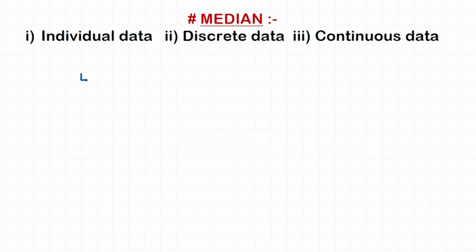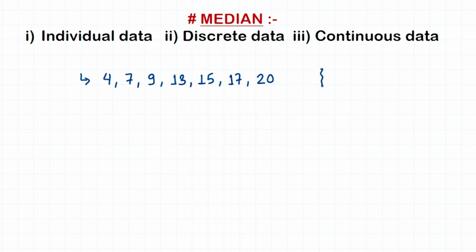Let's say we have our data, which looks something like this. Let's say we have 4, 7, 9, 13, 15, 17, 20. So if this data is given in a question and you need to find the median, then how do we find it? So the first step in finding the median is first you have to arrange the data in an ascending order. Since this data is already in an ascending order, we don't need to do anything.